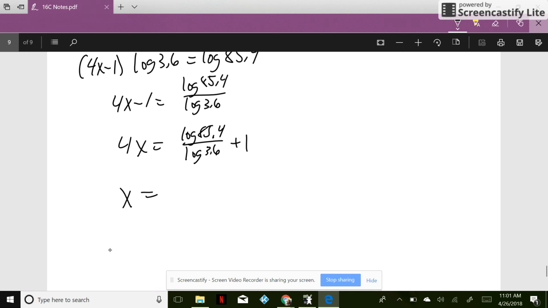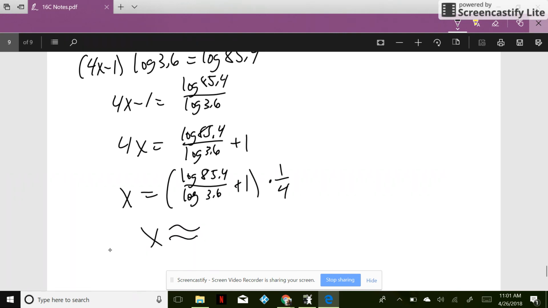And then we're going to divide by 4, or take this quantity. Oh boy. Yeah, 4. My handwriting is getting worse as we go. Take this quantity times 1/4. And then we get a value that's about 1.118.